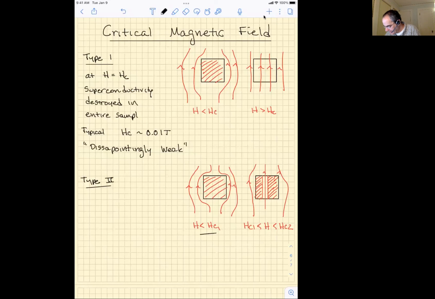However, for fields above the first critical field but below a second critical field, which we'll come to in a second, magnetic flux can enter, but it enters in filaments like this. So under these conditions, between the first and second critical field, magnetic flux enters in filaments.